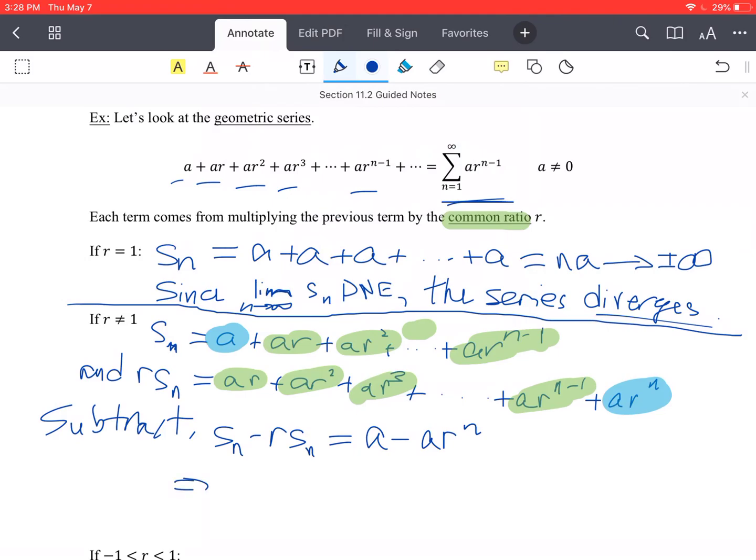Okay. Factor out S_n, that's (1 minus r) equals a times (1 minus r^n).